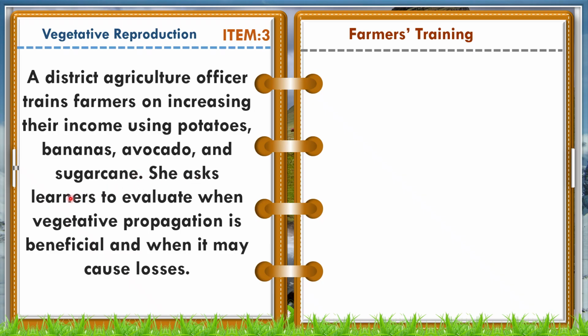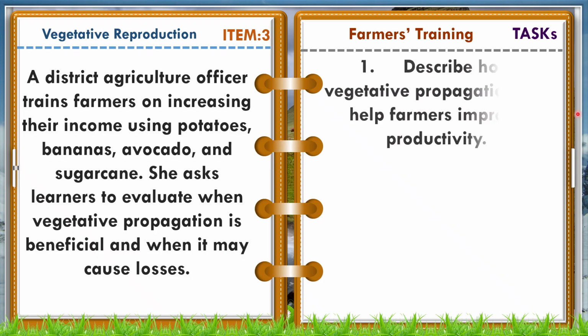She asks learners to evaluate when vegetative propagation is beneficial and when it may cause losses. Tasks: describe how vegetative propagation can help farmers improve productivity.